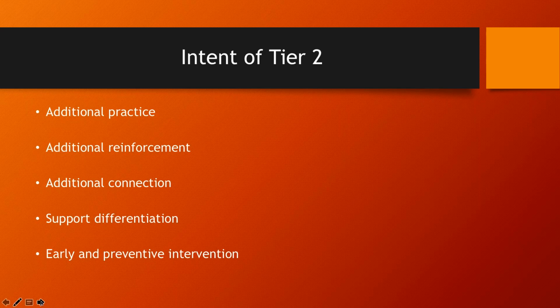And then we also want to be thinking about our Tier 2 supports from an early and preventive standpoint. So when schools are trained, we spend a lot of time talking about the triangle, and we talk about what Tier 1 looks like in terms of ODR, Tier 2 looks like in terms of ODR, 2 to 5 office discipline referrals kinds of things.